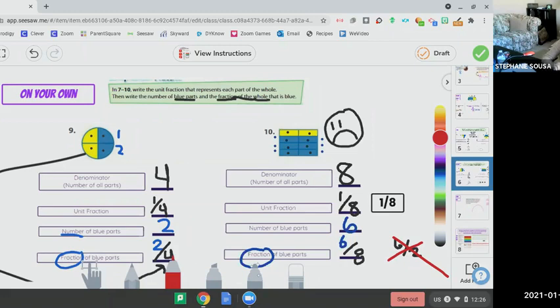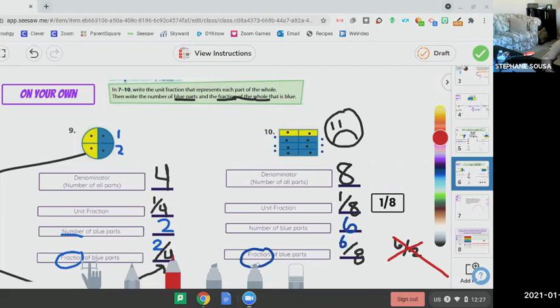I want questions. Questions are good. If you don't ask questions, it tells me that you understand everything and I can move on. So when I don't see questions, that means I'm going to get 17 A pluses because you have a perfect understanding. Yes, Leah.